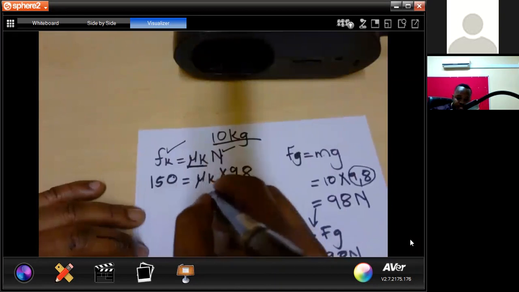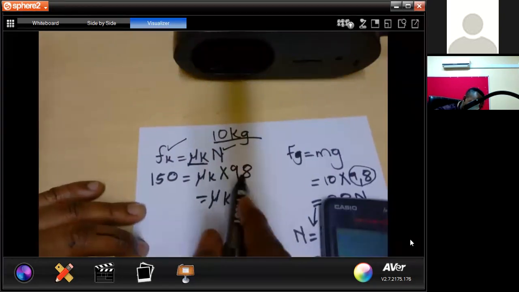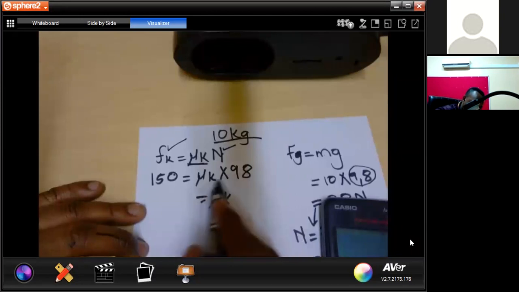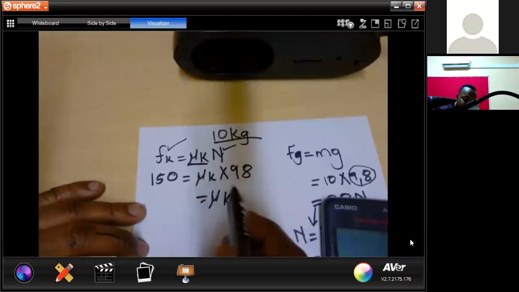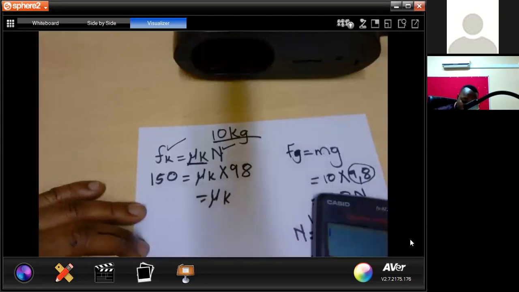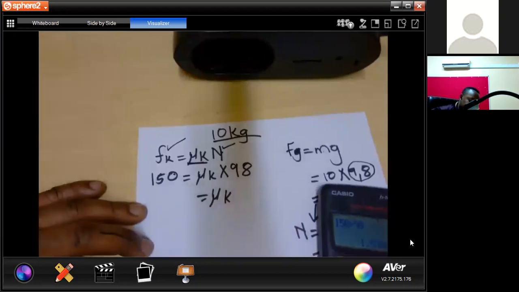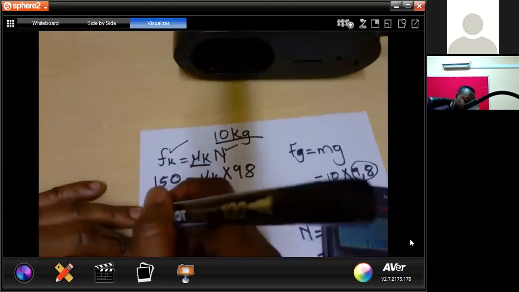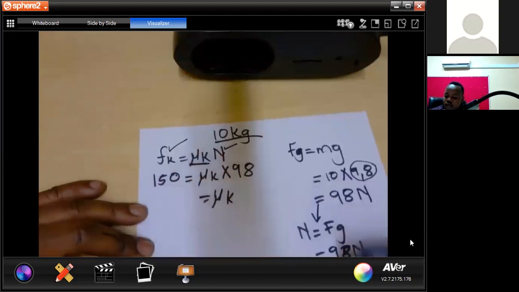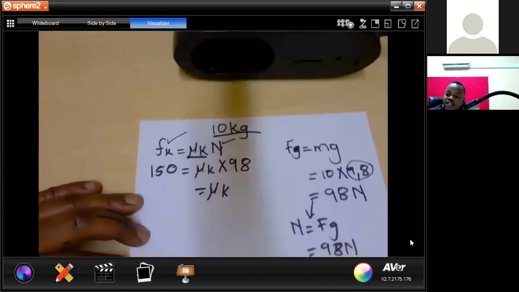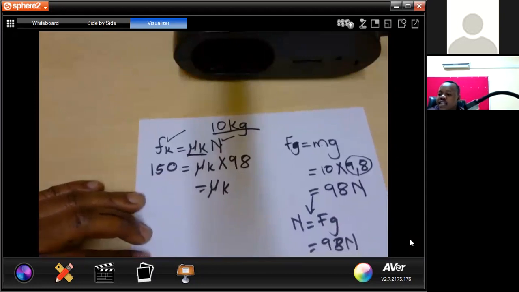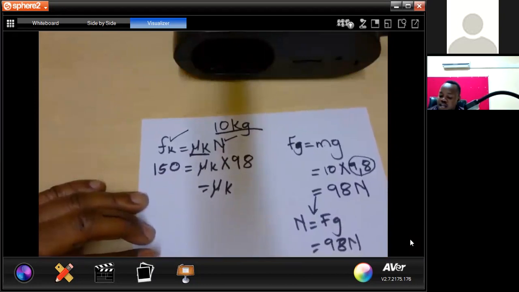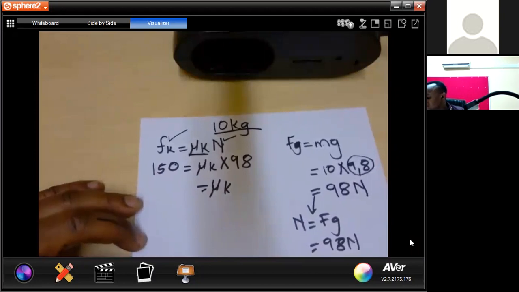What we do on the right, we must also do on the left. And the coefficient of kinetic friction there as calculated.